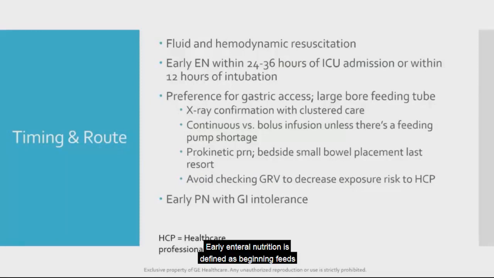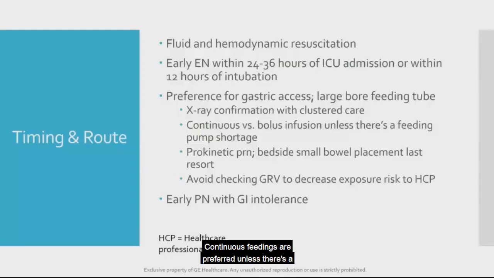Early enteral nutrition is defined as beginning feeds within 24 to 36 hours of ICU admission or within 12 hours of intubation. The preference for the site of the gastrointestinal tract to initiate feedings is the stomach with a large bore feeding tube, and clustering care with both placement of feeding tubes and abdominal x-rays to confirm placement.